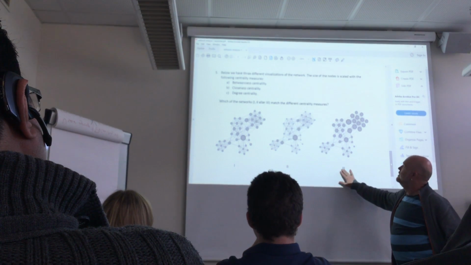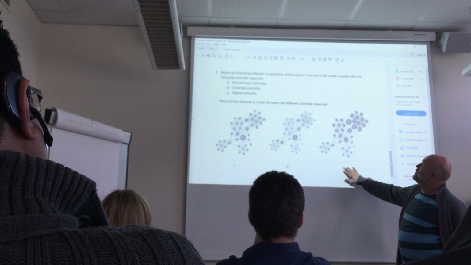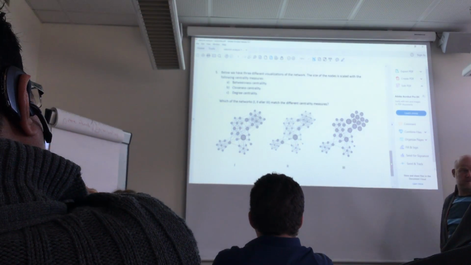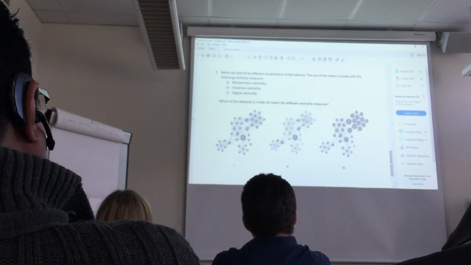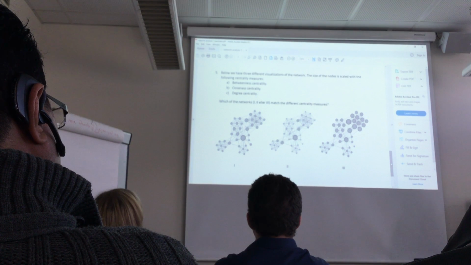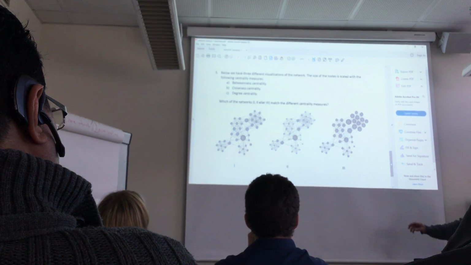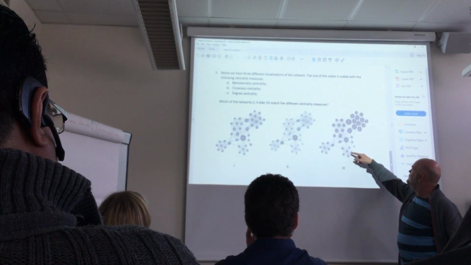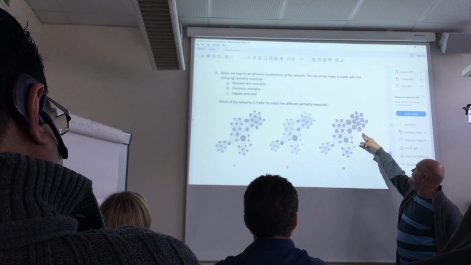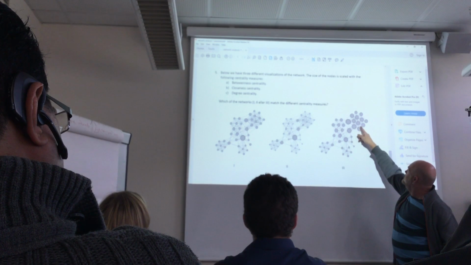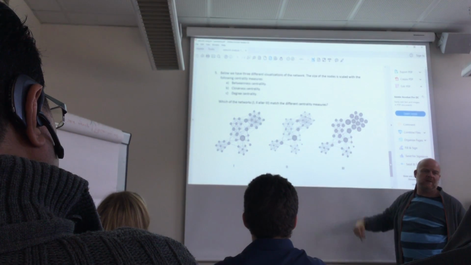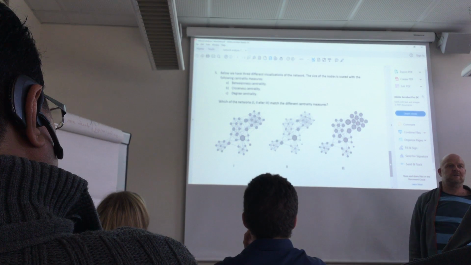Yes, I assume that because in the third graph, the sizes of the nodes are quite similar. So this is the degree. So at least this one should be small. We know that. So that makes sense, and it looks like it's okay. So if that's the degree, what about the two others?